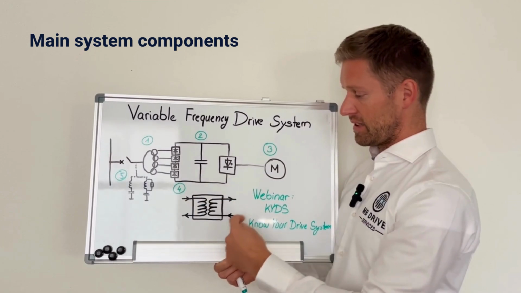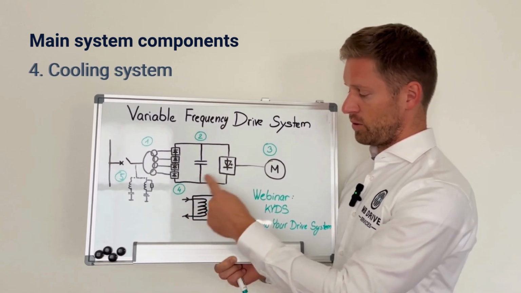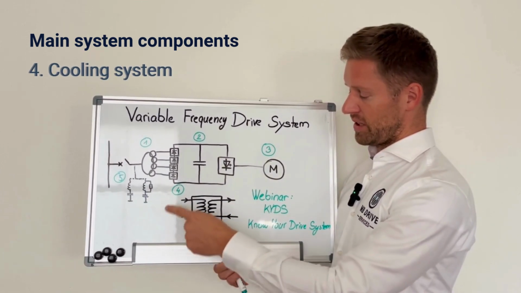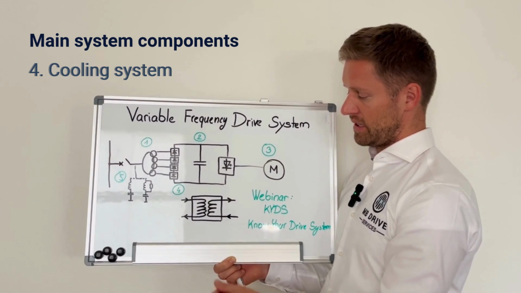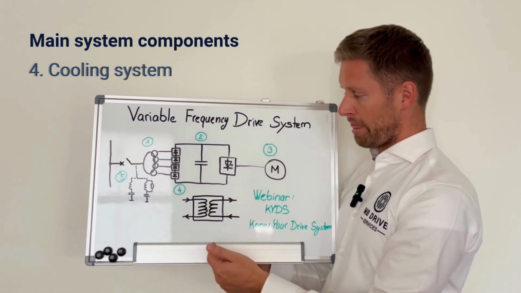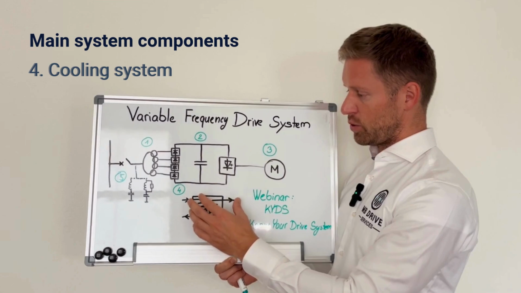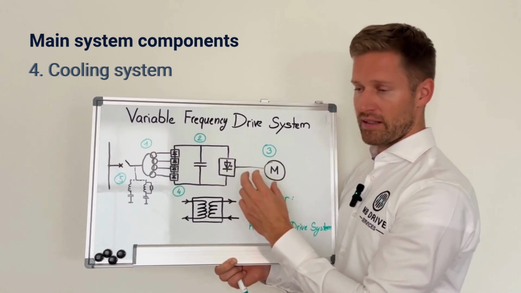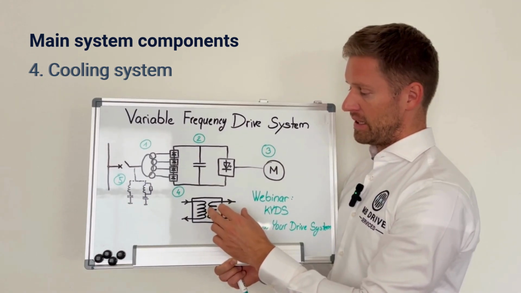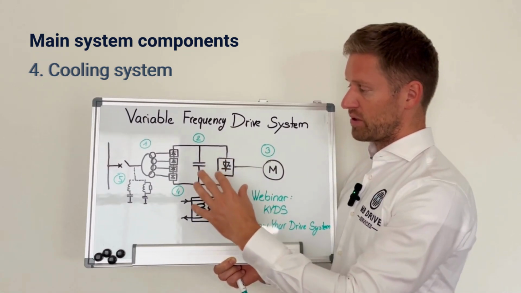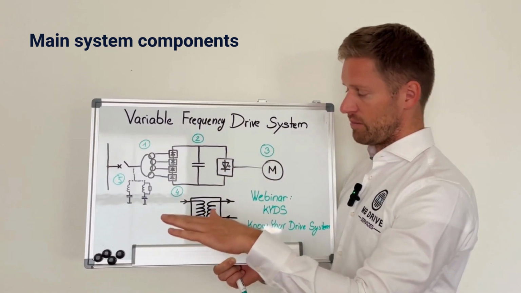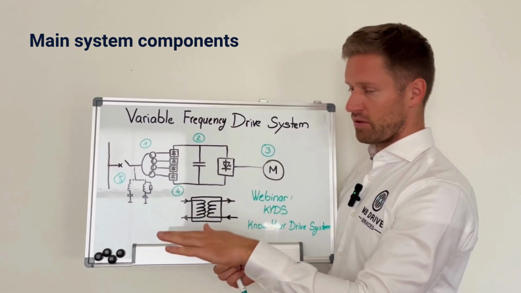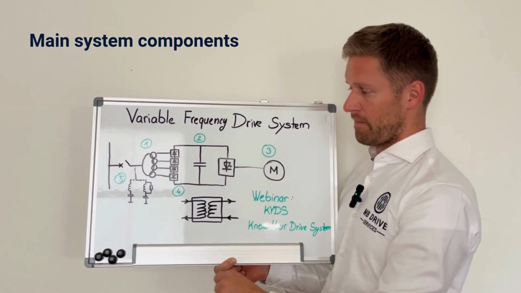So this is shown here as number 4. Here I'm just showing an example of a simple sketch of a heat exchanger. Generally this is the cooling system of each system component, and this can also be seen as a recooling system of the electric room, for example, to maintain also stable temperature and stable ambient conditions in that electric room.